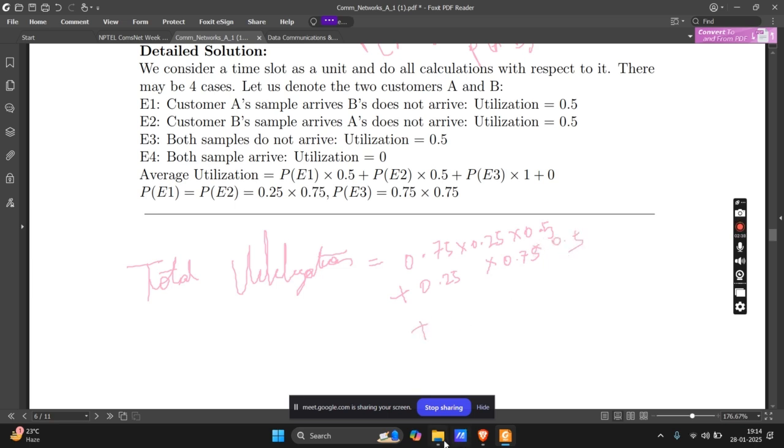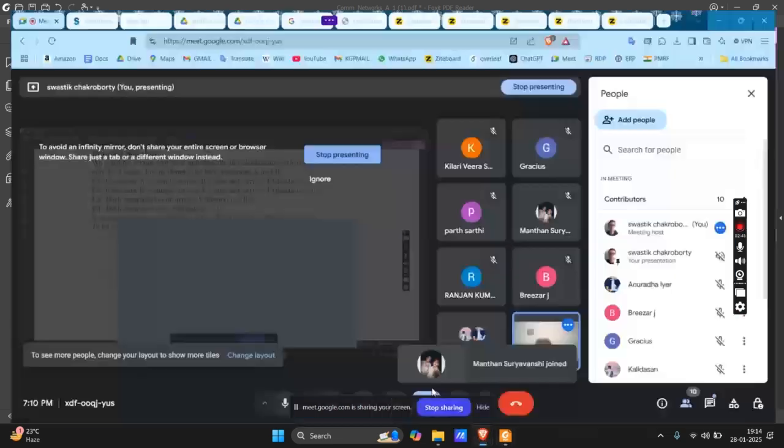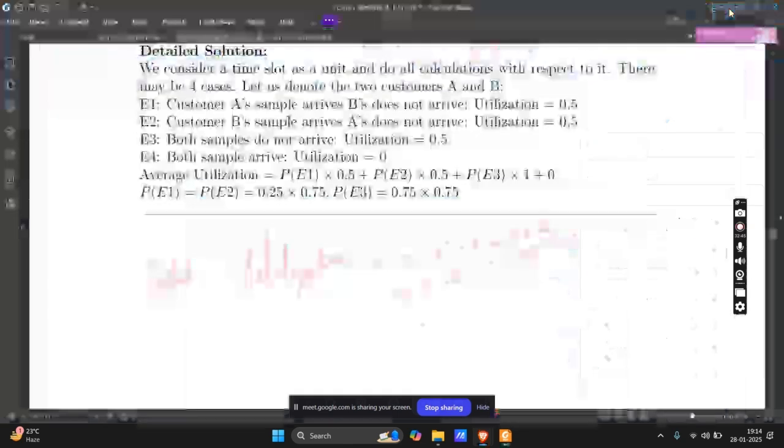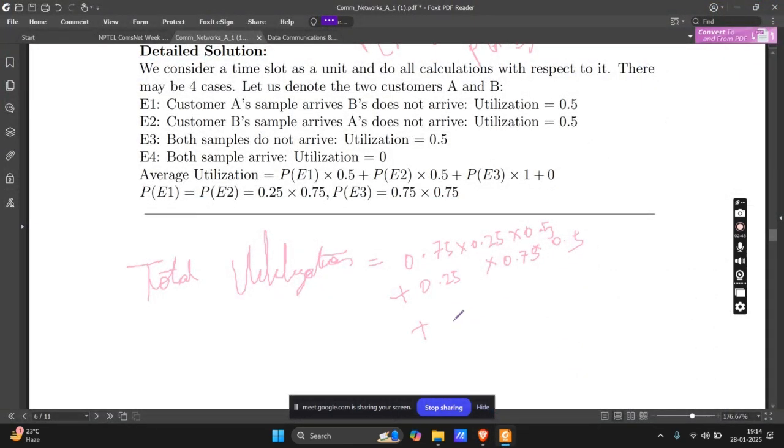And another term is 0.75 into 0.75, both of them arrive, into 1. So total utilization, you do the sum.